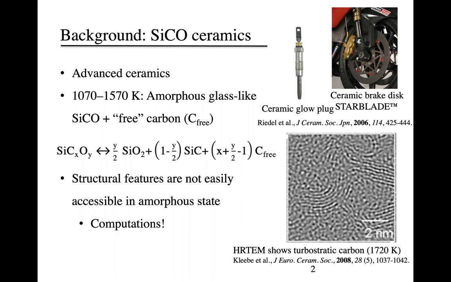And this free carbon phase was found to be graphite-like, and at higher pyrolysis temperatures is even turbostratic. Now, there's a difficulty in determining structural features of amorphous materials experimentally, so we use computations.